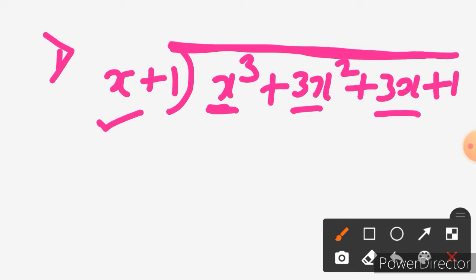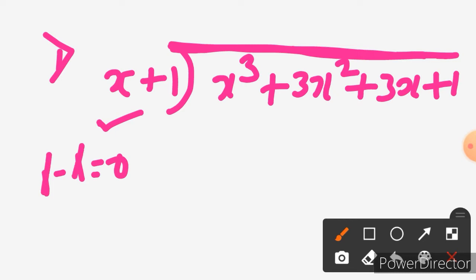Now in order to cancel, what is our first term in this polynomial? That is x cube. In order to cancel x cube, I want x cube itself, because we know 1 minus 1 is 0, correct? So we can cancel them, and a minus a is 0. So in order to cancel a, I want the same term, correct?